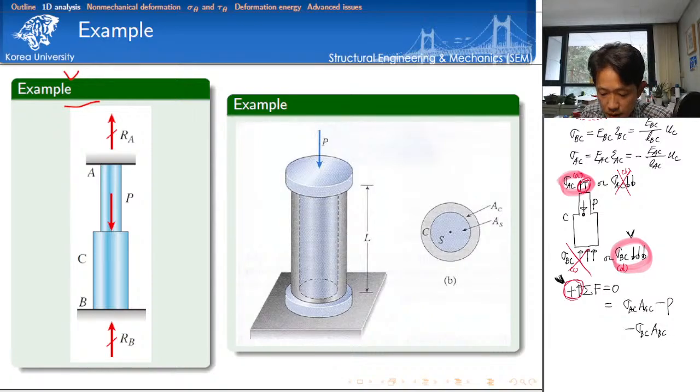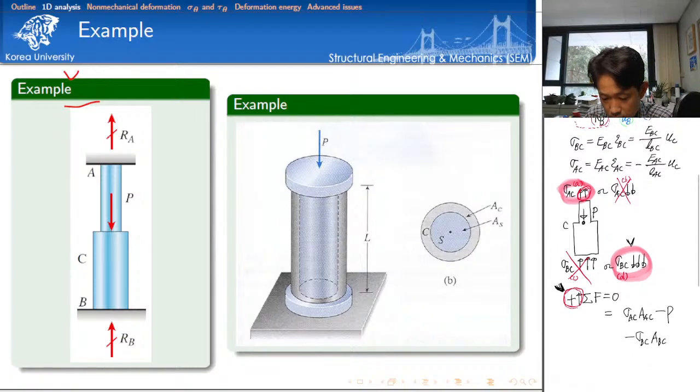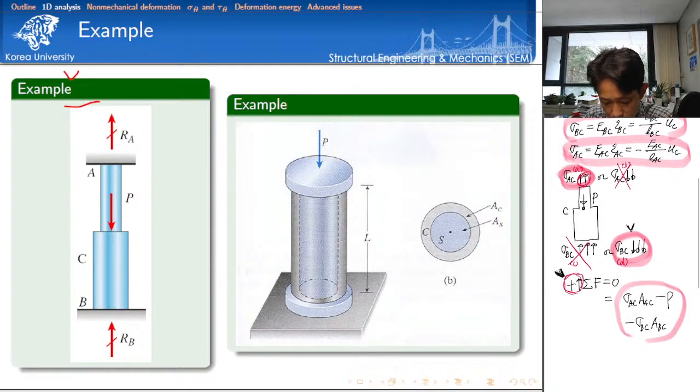So they should be equal to 0. Now we can finish our analysis. We have the information of the normal stress here, here, and here. So let's plug these two expressions into this equation.